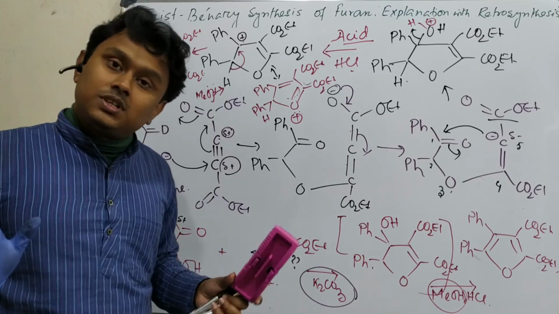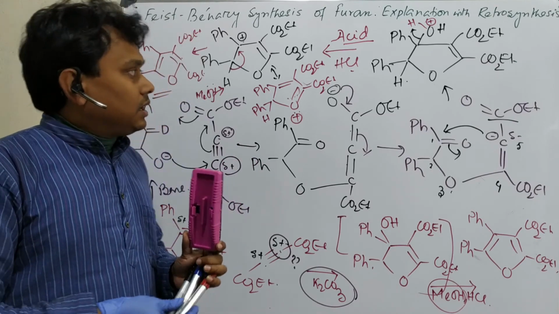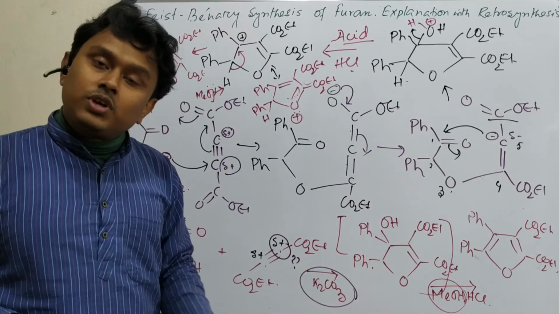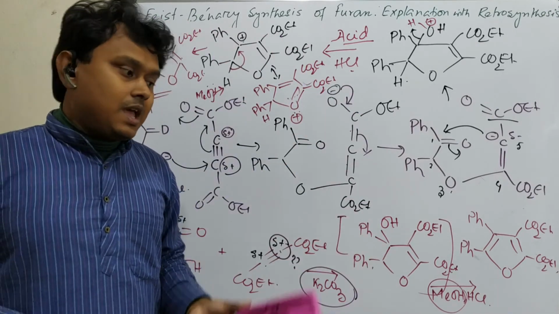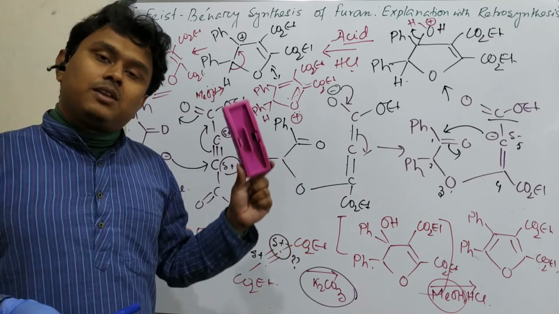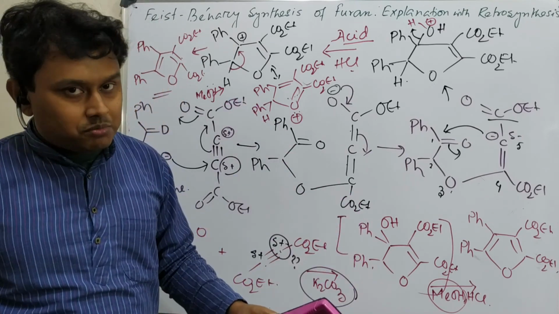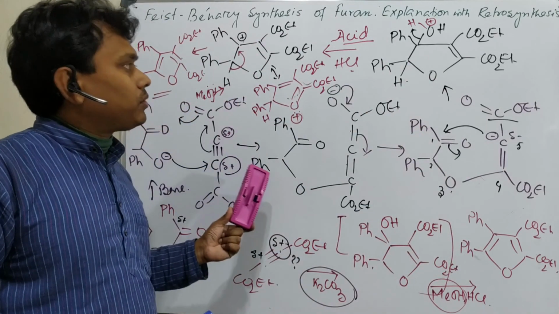I'm sorry, I know this is a big exhaustive lecture. Thank you everyone for listening. What have we covered today? We have covered the synthesis of furan using Feist-Benary synthesis. And the main difference between Feist-Benary and Paal-Knorr is that Paal-Knorr is acid mediated, from a 1,4-dicarbonyl compound, but this is alkaline. The whole process is alkaline.